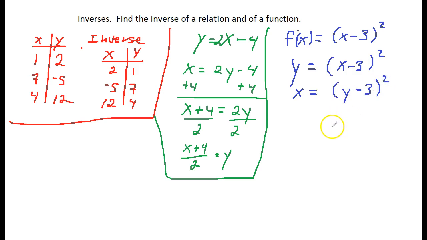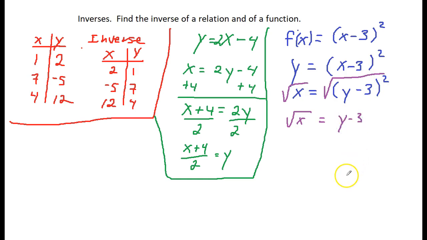Well, the first thing I have to do is take the square root of both sides. So let's do square root because we have to undo the square. Square root of x equals, now if I take the square root of something squared, it just cancels out the square. So I'm left with y minus 3.